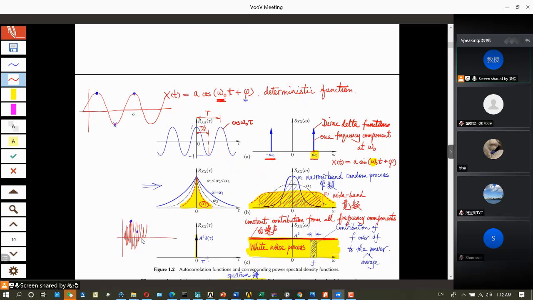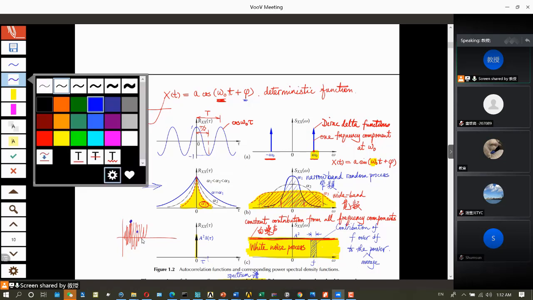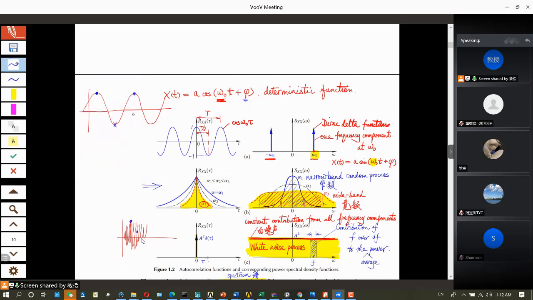If alpha 1 is relatively small, the decay is relatively slow, and we have frequency components focused within a small frequency band.